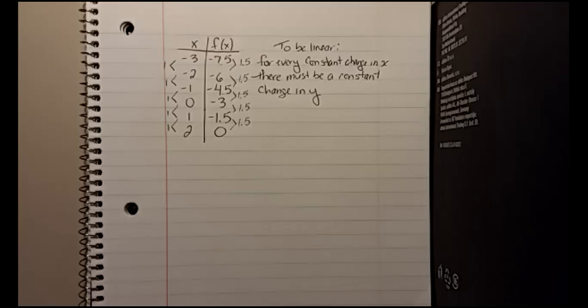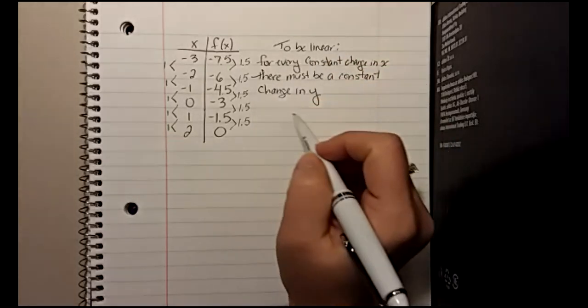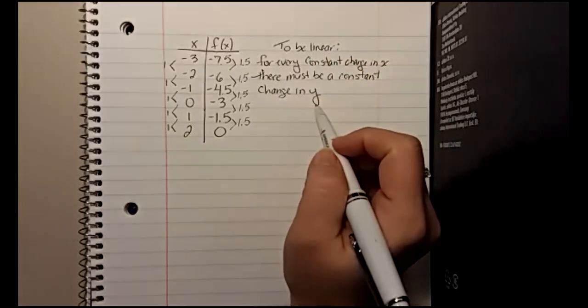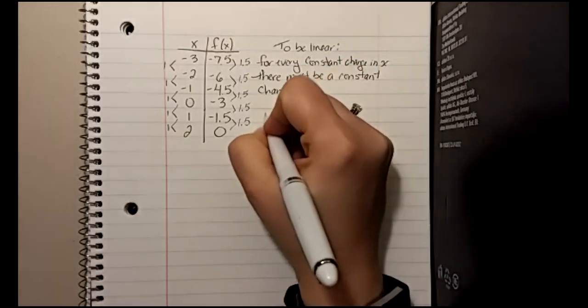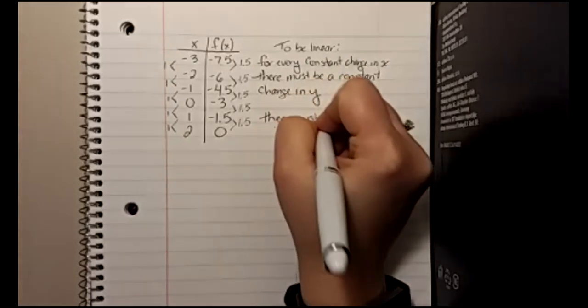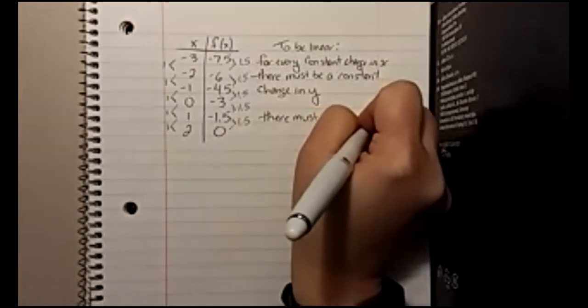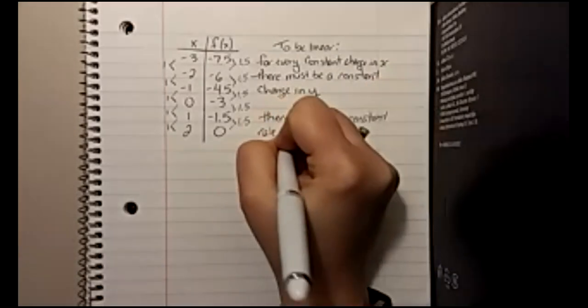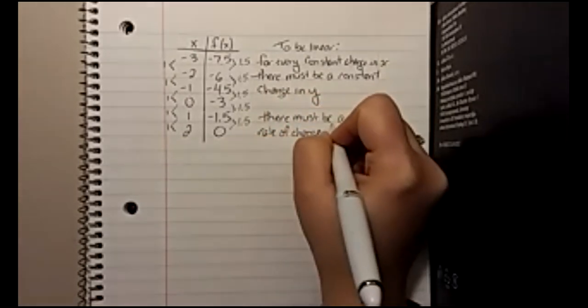Well, otherwise, another way to phrase this, for every constant change in x, there must be a constant change in y, is that there must be a constant rate of change, which is another phrase for slope.